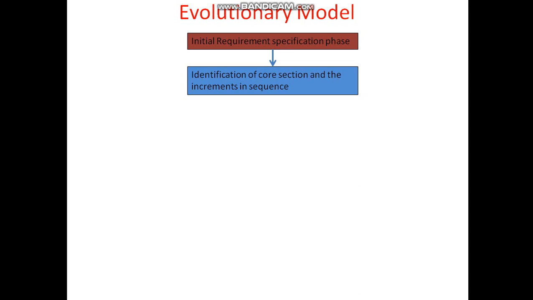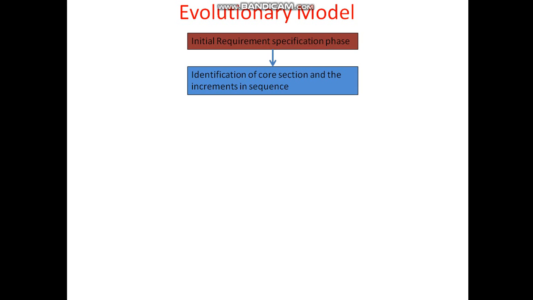In the evolutionary model, just like other software development models, the basic step is the initial requirement specification phase. Next is identification of the core section and the increments in sequence.